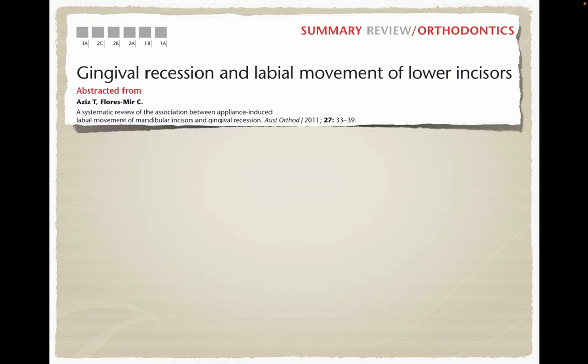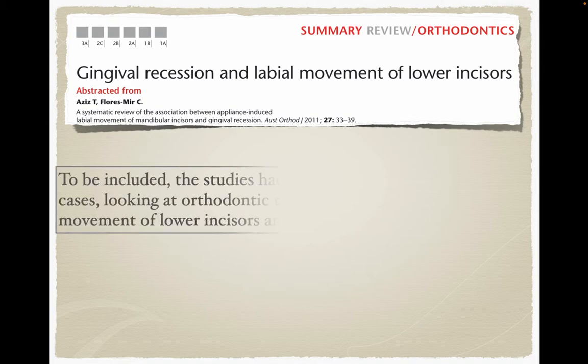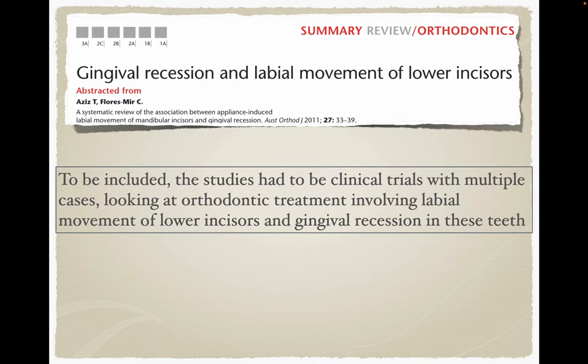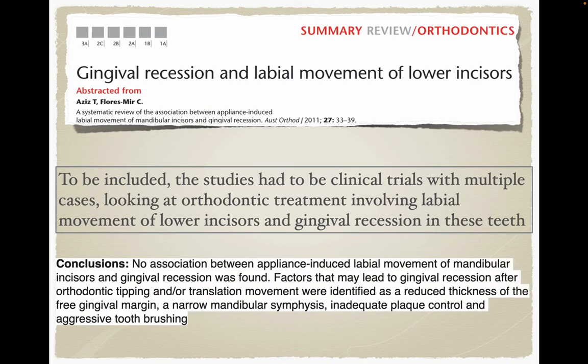But that's again one study. So what about the systematic reviews? Another systematic review by Aziz et al. looked at the studies that compared the effect of proclination on the periodontium. And what he found is very important: there is no association between appliance-induced labial movement of the mandibular incisors and gingival recession.